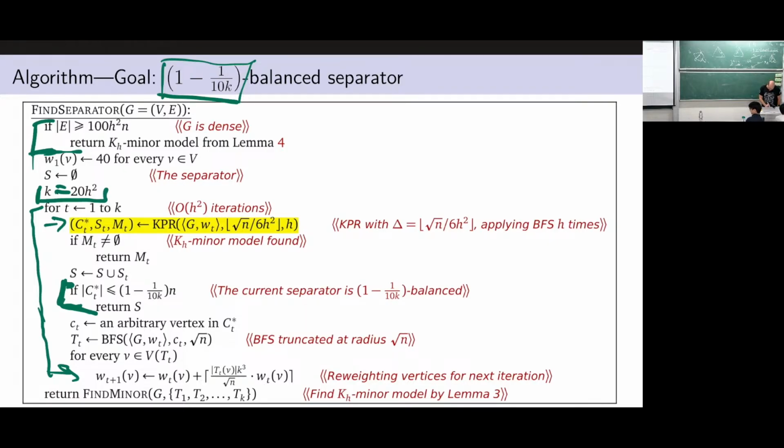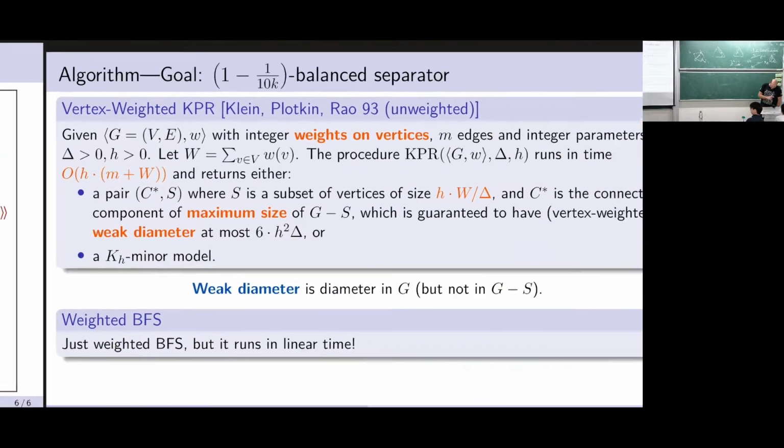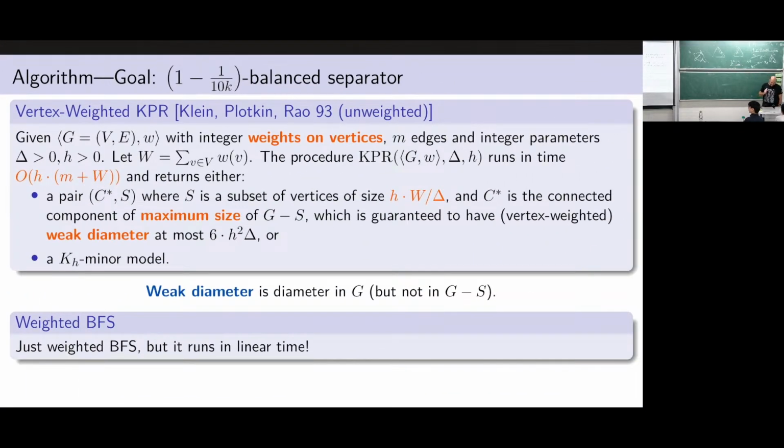That will be explained on the next slide. And otherwise, we will build one tree of a stochastic connector, and we repeat. And a stochastic connector is just random: take a random vertex and do BFS. I will return to that. It's not clear, I suppose, at that point, but it will be. I first need to explain what KPR actually is.